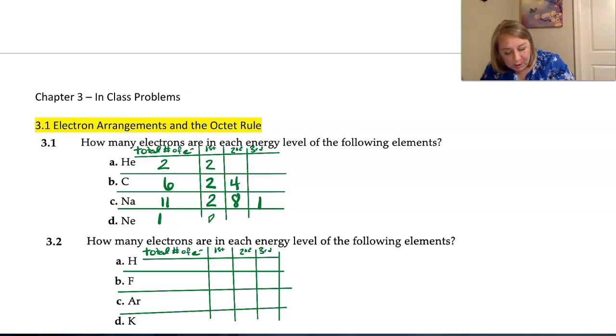So 10 minus 2 gives us 8. So that second energy level will take 8, and that's it. You have to stop because you've got 10 electrons there, okay?